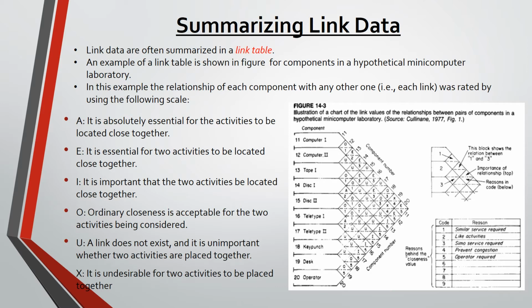Now if you see this figure, you have different components, that is computer 1, computer 2, and then a tape, disk 2, etc. And you have a relationship or link data as shown in this figure.